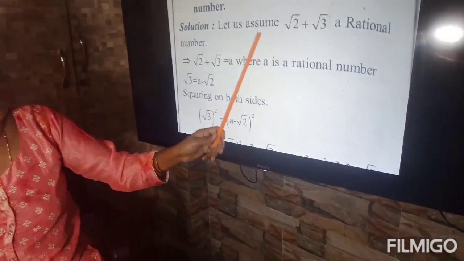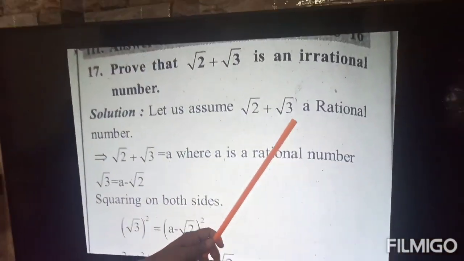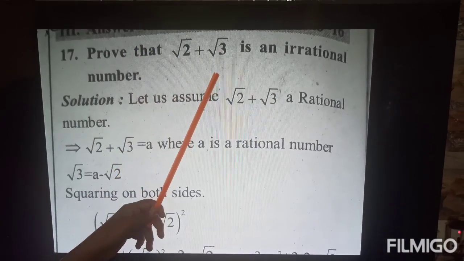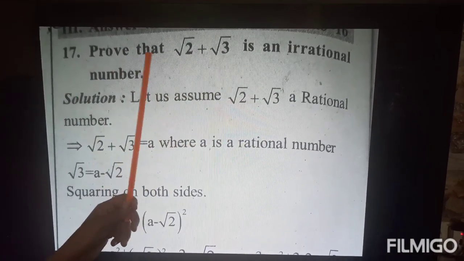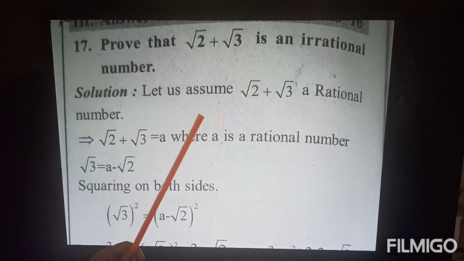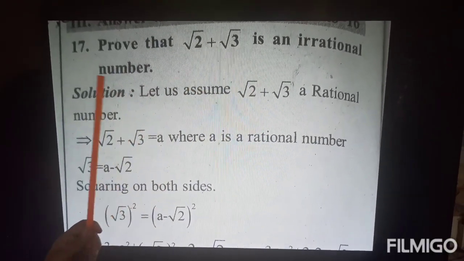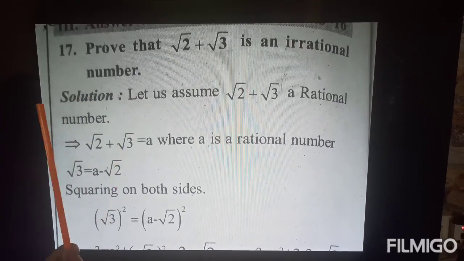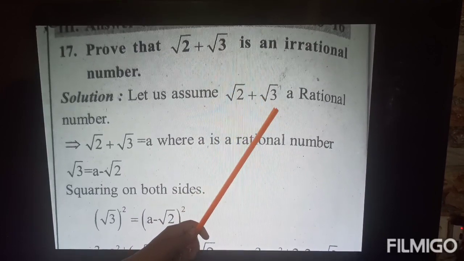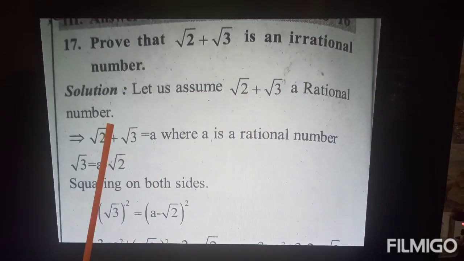Let us assume root 2 and root 3. Here also 2 roots are given. Prove that root 2 plus root 3 is an irrational number. Here first take a solution. Let us assume that root 2 plus root 3 is a rational number.